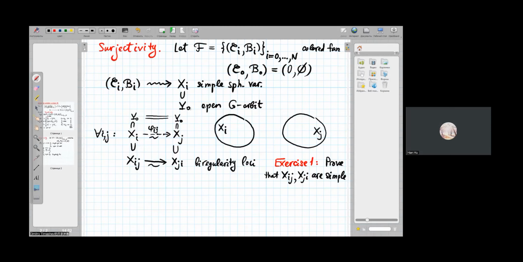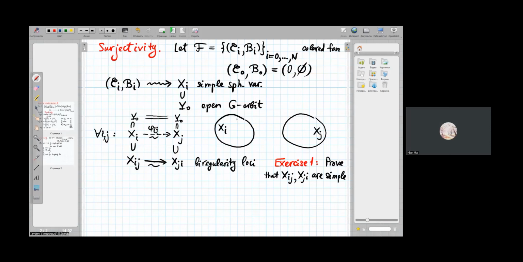Yeah, Professor. Why should they be simple? This is an exercise for you. I think your statement means the intersection.